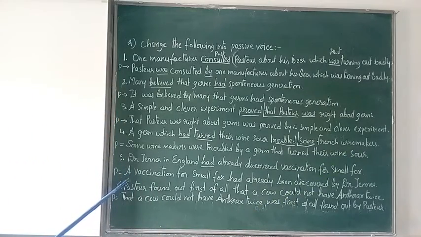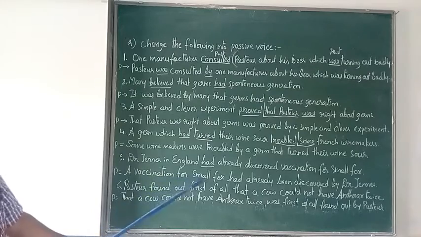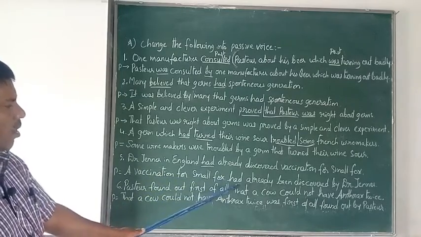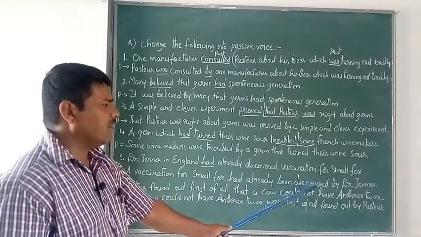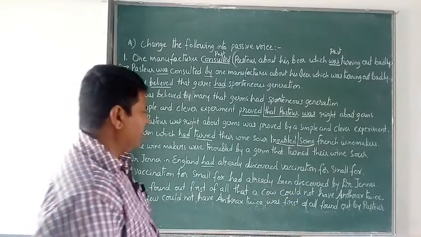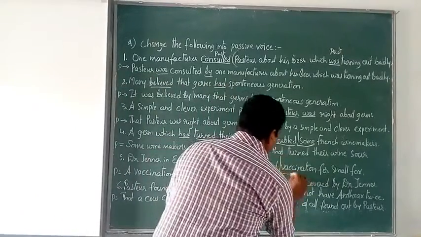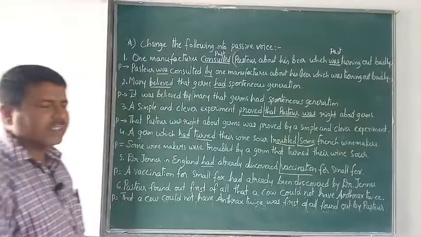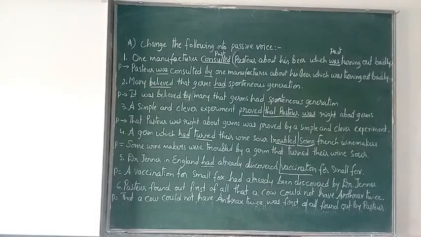A vaccination for smallpox had already been discovered by Dr. Jenner. See here, the sentence starts from the last into the first. See how I was telling in the beginning, turn it right round and give us a proper understanding of by whom the action is done. Action is done by whom? That is what we have to understand.